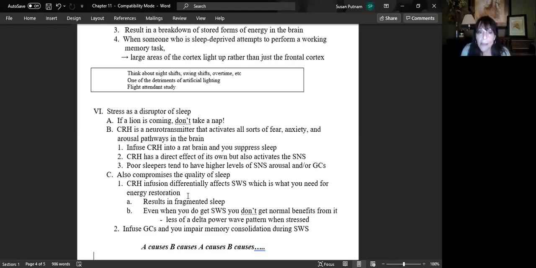Less of a delta wave pattern is demonstrated when someone is stressed. Also, if you infuse glucocorticoids, you can actually impair the memory consolidation that should occur during slow wave sleep.